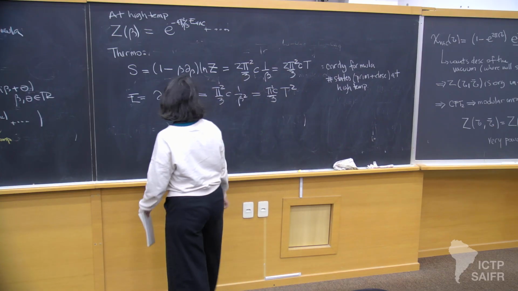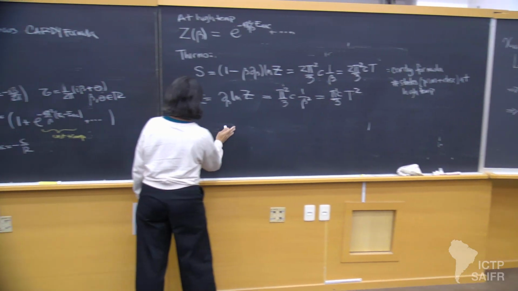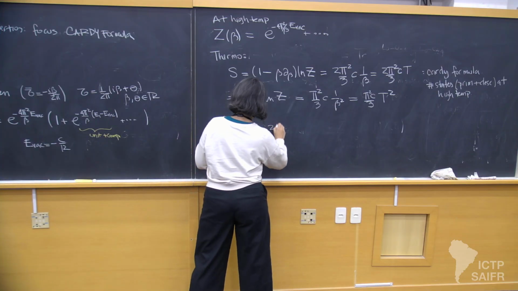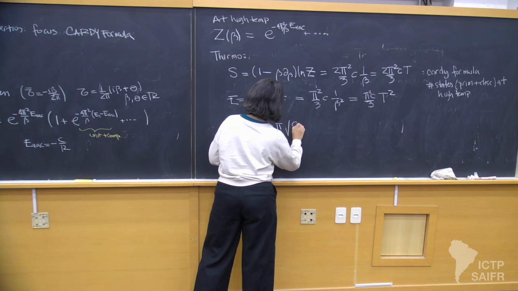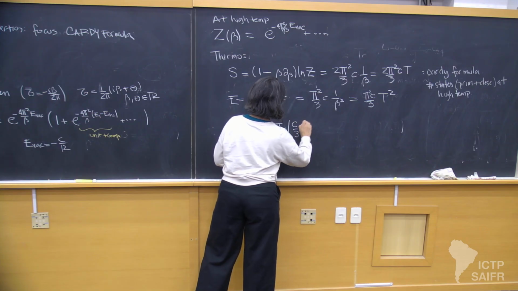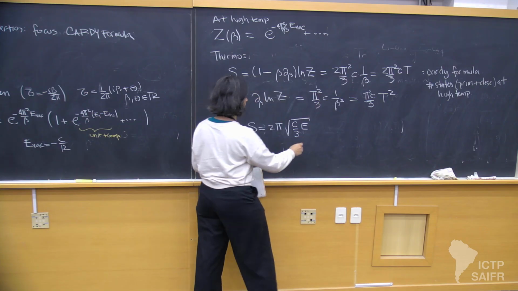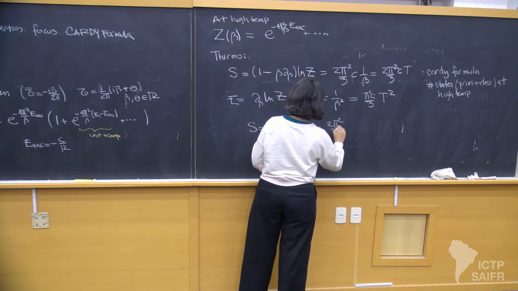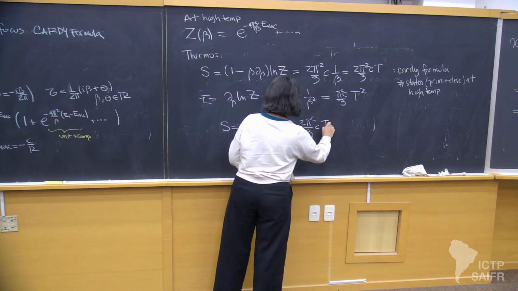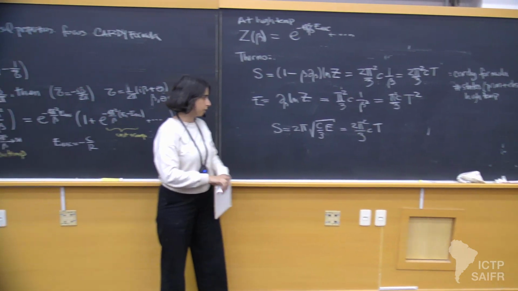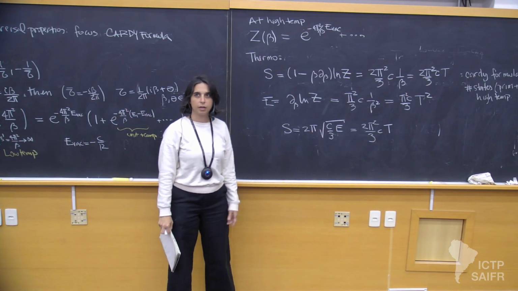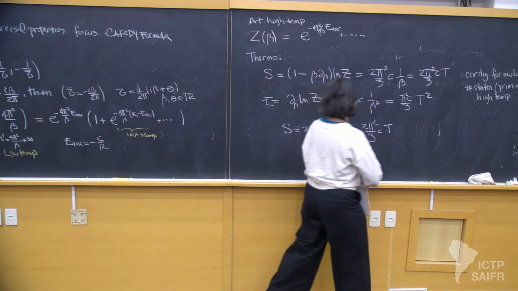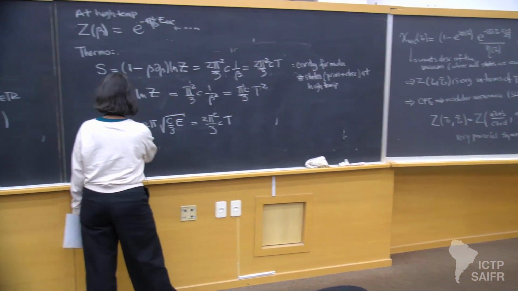It's also useful to write down this Cardy formula as a function of the temperature, or as a function of the energy. It goes linearly with the temperature, and it goes like a square root of the energy. This is basically the very famous Cardy formula for the entropy of states. Okay?